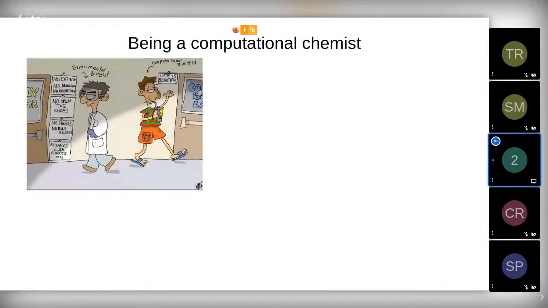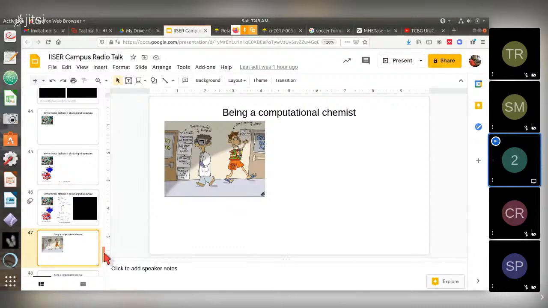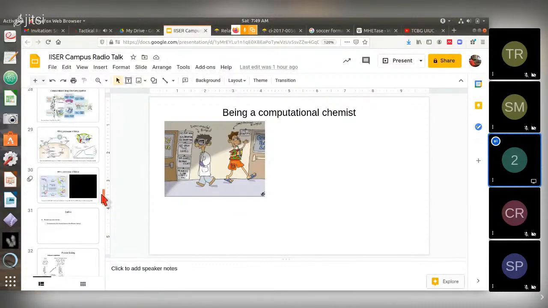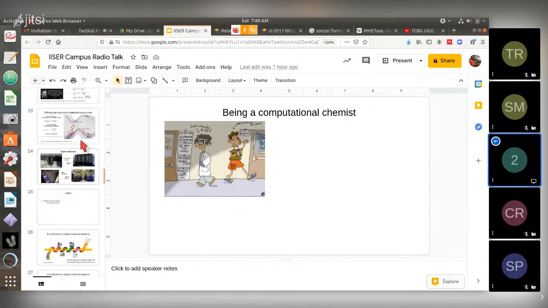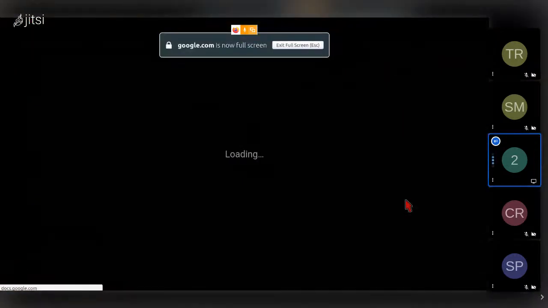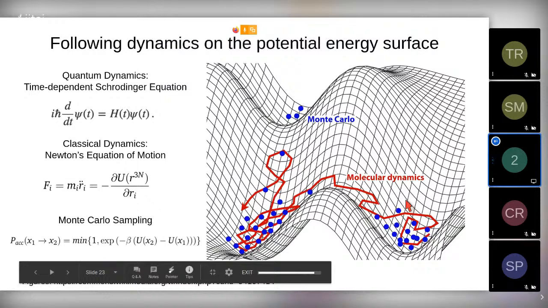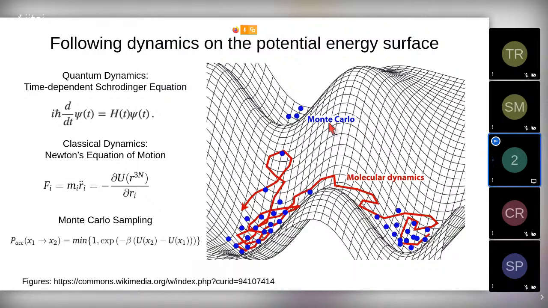So I think I should quickly go back to that slide. Monte Carlo sampling is a random number generation process. In this way, you can sample different parts of the potential energy surface.